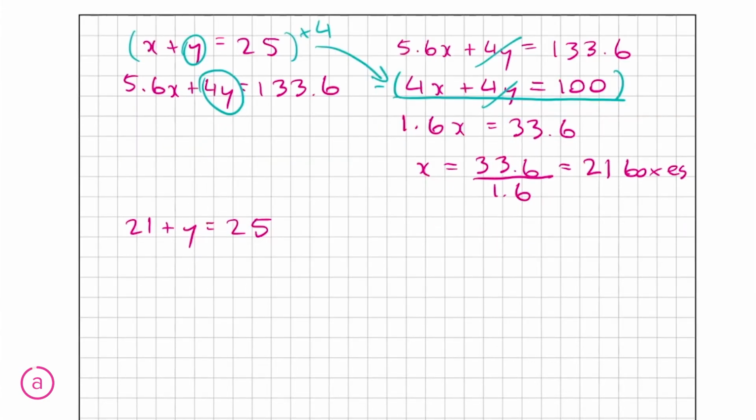Now to solve for y, we can simply substitute x back into the first equation, x plus y is equal to 25. And if we take 21 away from both sides, we find that y is equal to 4 boxes.